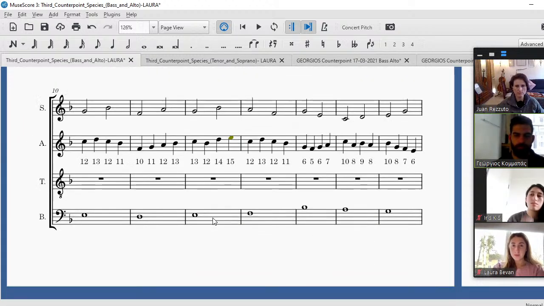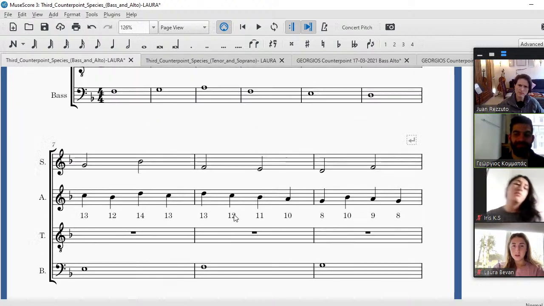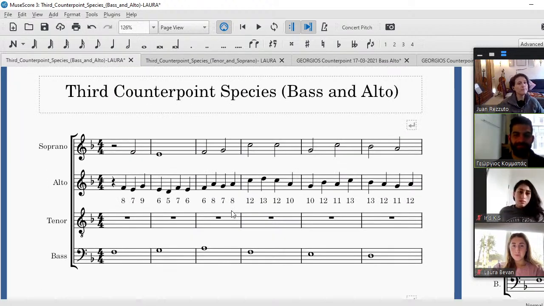And there the strong dissonance, you don't count it. Sorry? There's a strong dissonance as well there. You don't count it. Well, this is a mistake they got with the third species. This is an exercise of reduction.